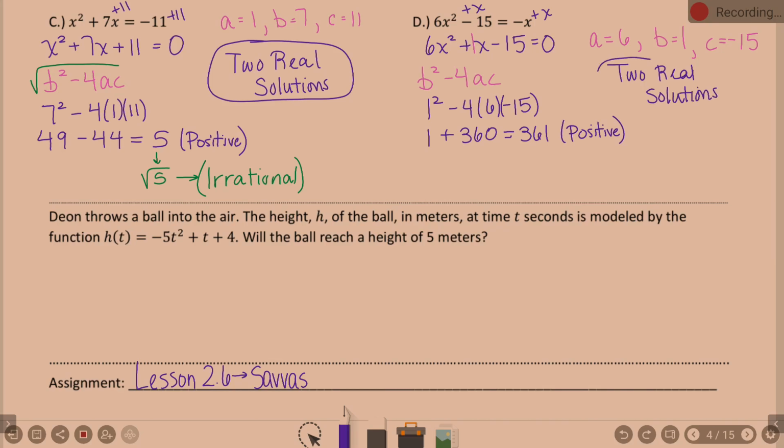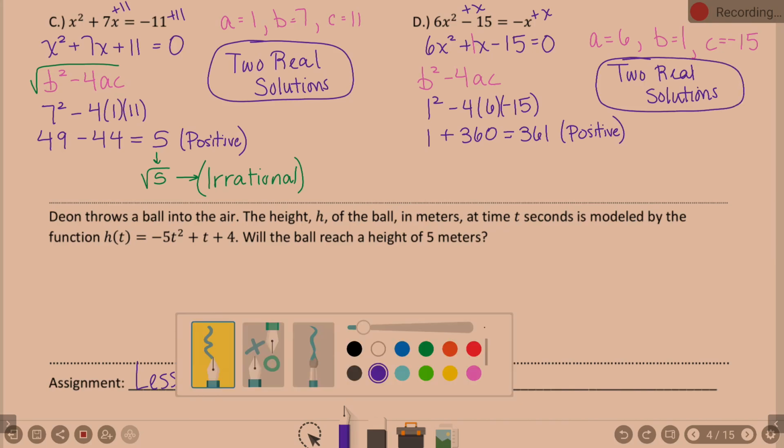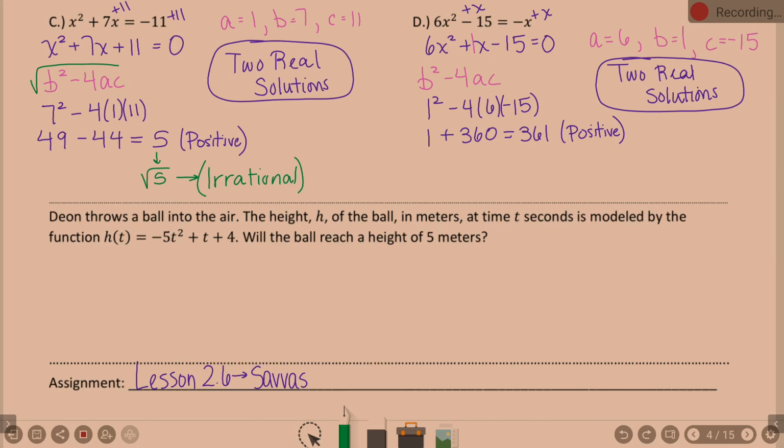Now, how am I going to determine whether these are rational or irrational solutions? Square root. What kind of square root is 361? It comes out nicely.